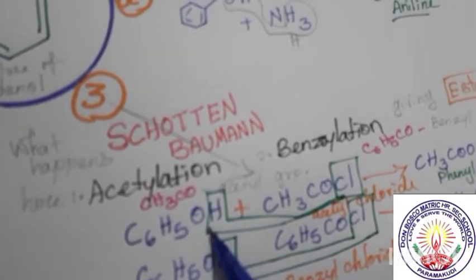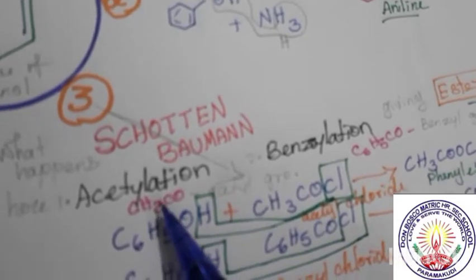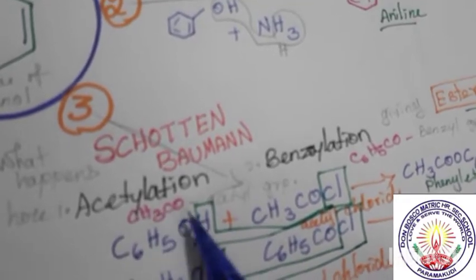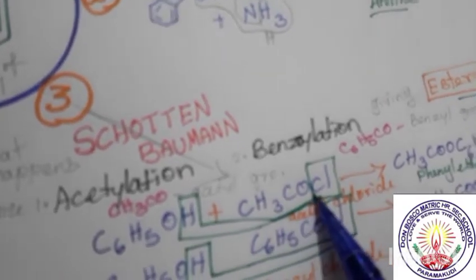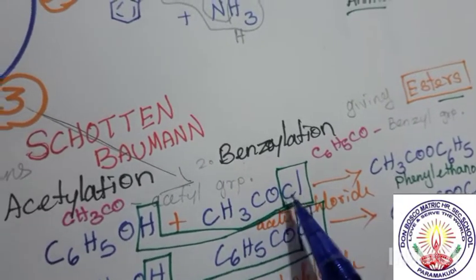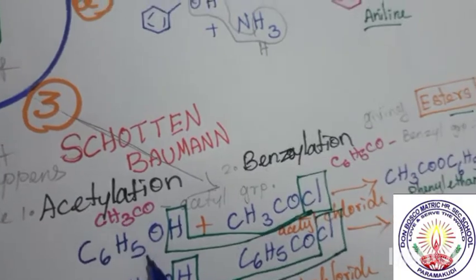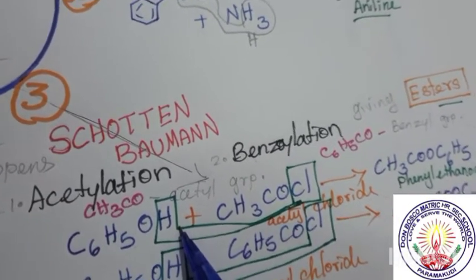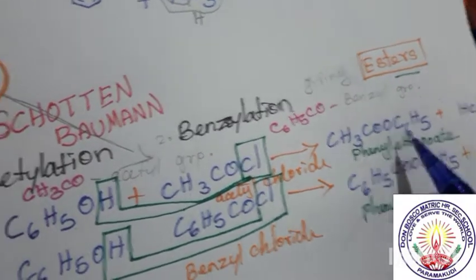This phenol is treated with acetyl. Acetylation is taking place, no? Acetyl group. Which have we taken here? Acetyl chloride. The Cl of the acetyl chloride and the hydrogen of the phenol form HCl, and what are we getting?